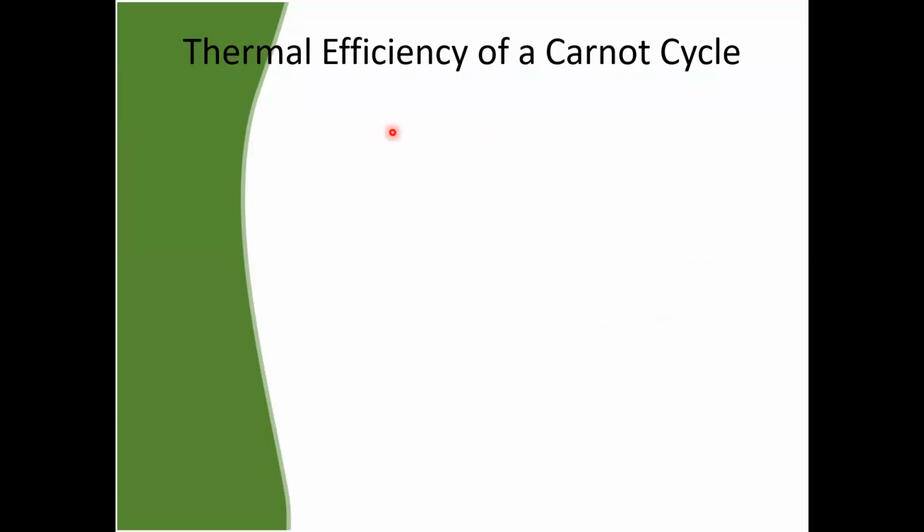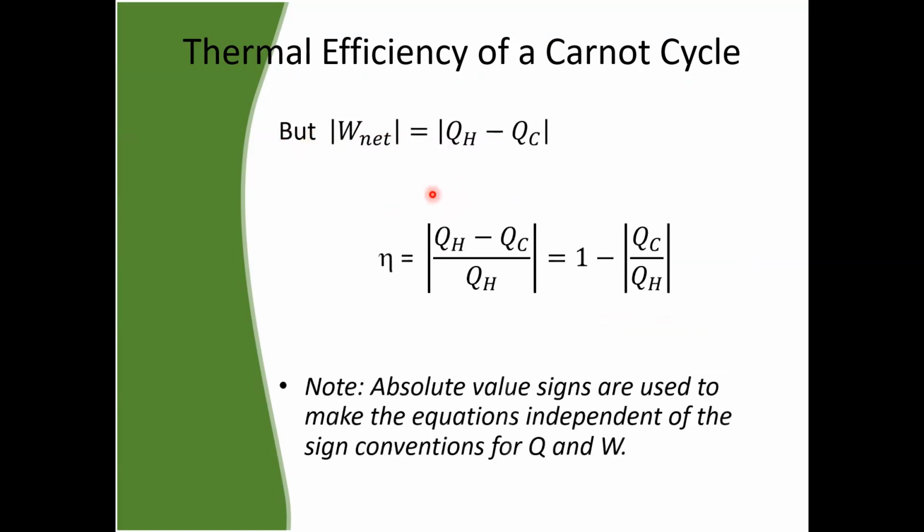Next is the thermal efficiency of a Carnot cycle. How do we compute its thermal efficiency? So the net work done by this cycle is equal to the heat absorbed minus the heat rejected. Okay? So the efficiency is now the net work divided by QH.